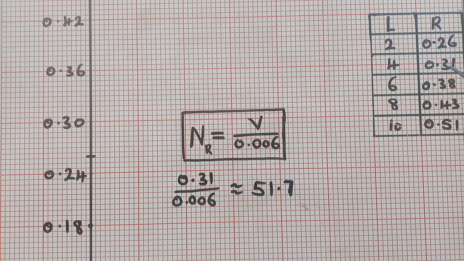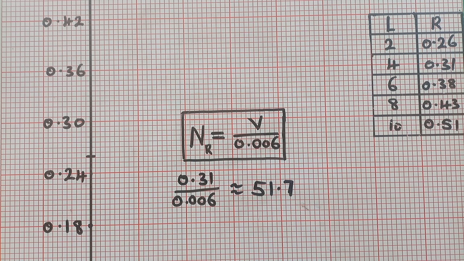To locate the position of this 0.31 on this axis, we count 51.7 unit boxes. That is roughly 52 boxes. But for accuracy, we insist on 51.7 unit boxes. Let us count this number beginning from the origin.